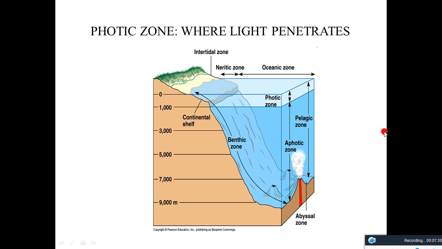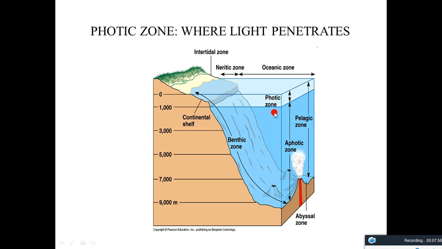Now there is a zone which is known as the photic zone. Photic means related to light, the zone where light may penetrate. To some extent you will see light. After that, as you go towards the deeper part of the ocean, light does not appear.